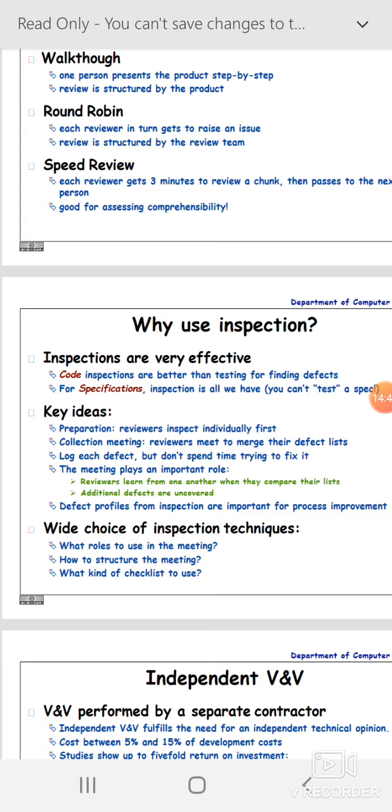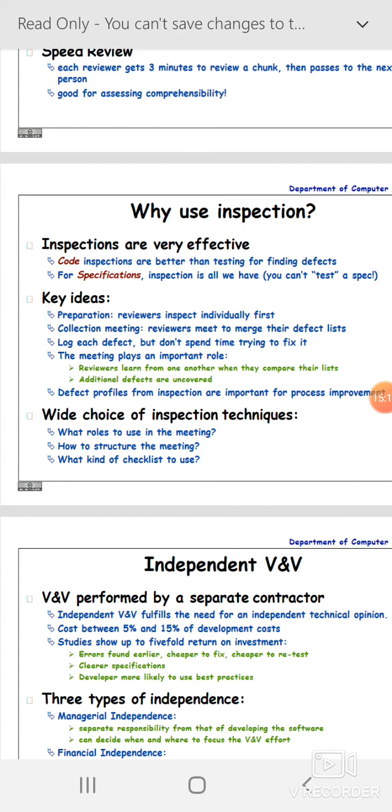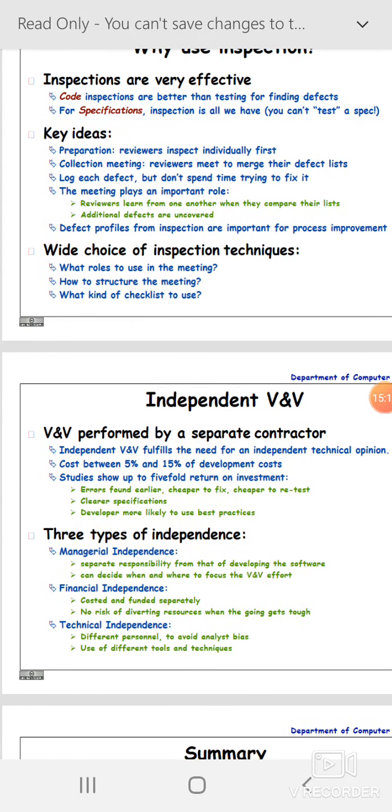Because code inspections are better than testing at finding defects, because it is very easy. Now the second one, the specifications. Inspection can be done very easily. Now the key ideas: it has preparation, collective meetings, logging each defect, and other kinds of things. It provides a wide choice of inspection techniques.